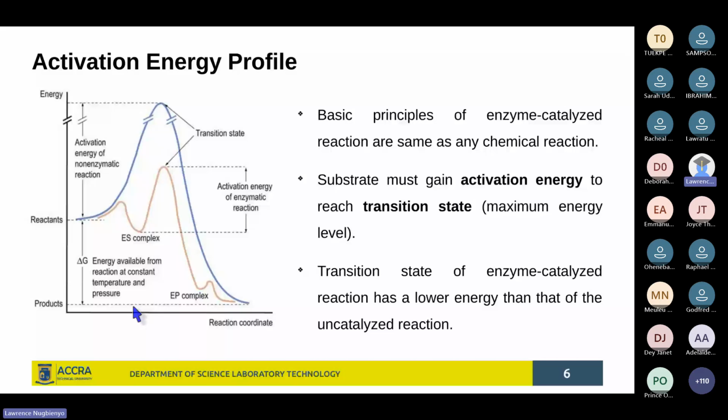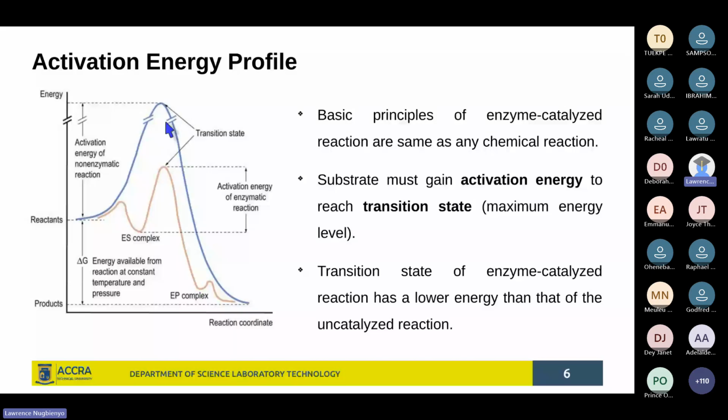Now, understanding this principle, what then is the enzyme doing in this process? What is the enzyme doing? If you take the energy profile that we are seeing on your screen, you have one energy profile which is in blue. That profile is for a non-catalyzed reaction.